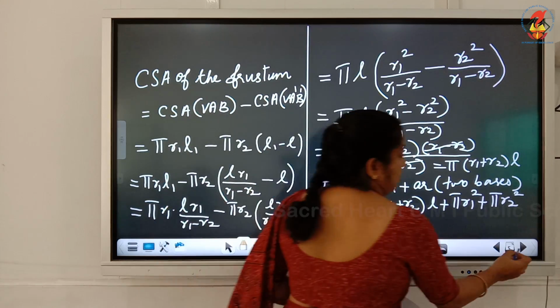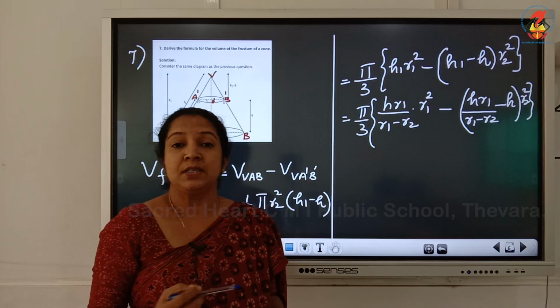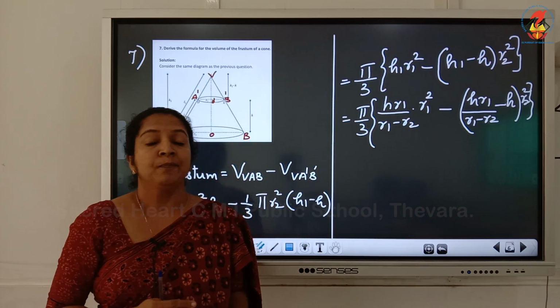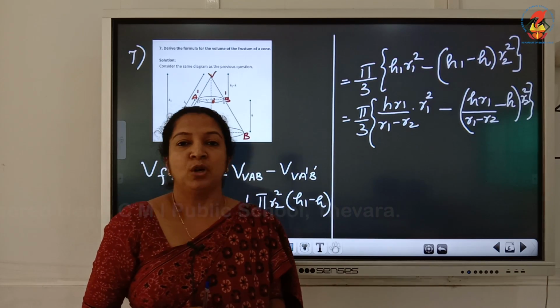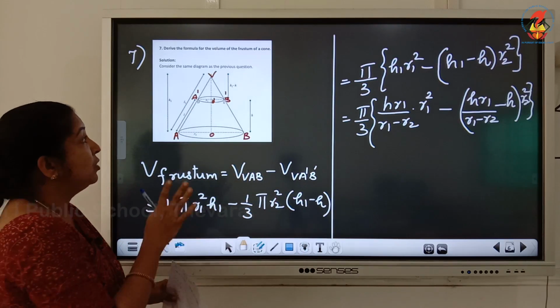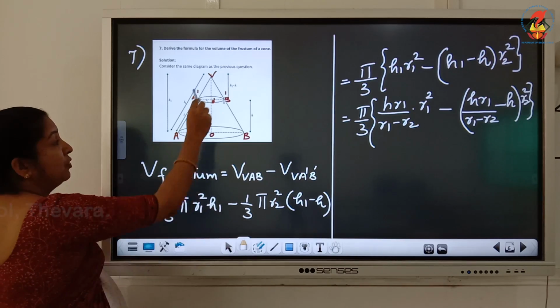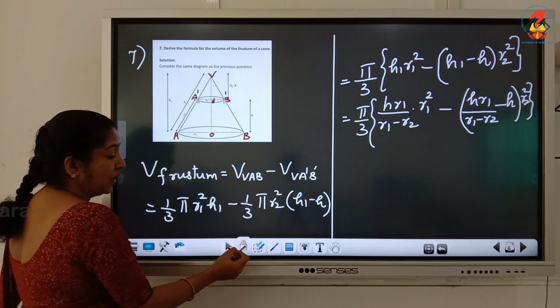Then next question. Actually, this question is also the continuation of the previous question, because here what we have to do is derive the formula to find the volume of the frustum. Volume of the frustum of the cone, we are using the same figure.